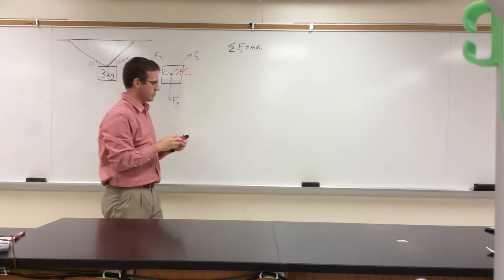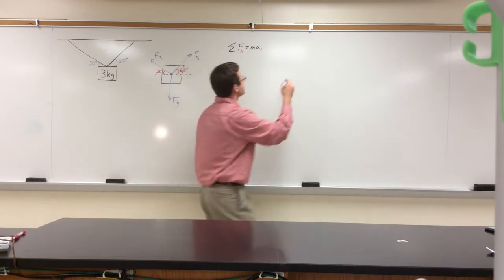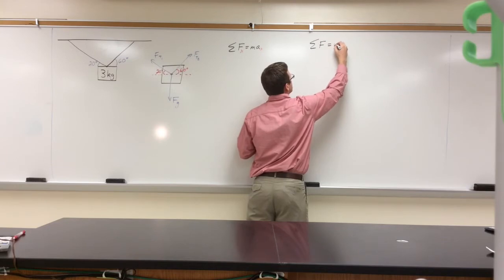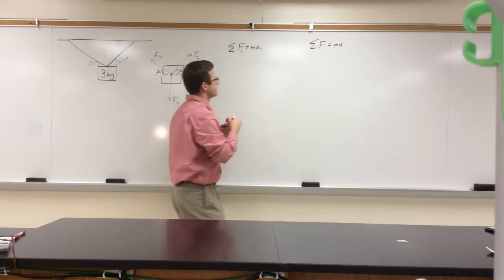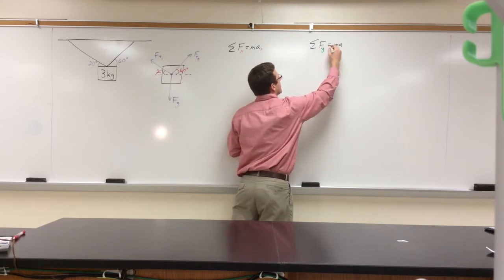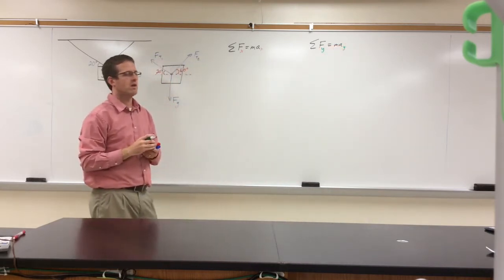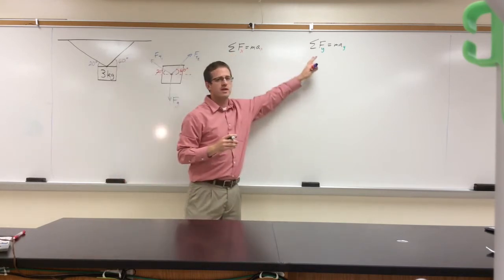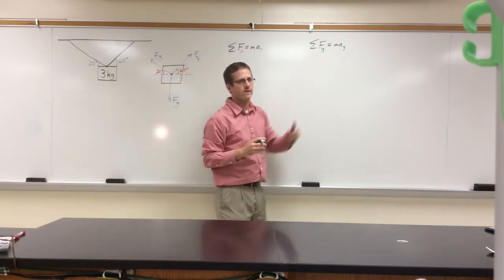And then you can also imagine we need to do this same thing for the forces in the y direction. So we're going to have to keep track of our forces in the x and our forces in the y, accelerations in the x and accelerations in the y.